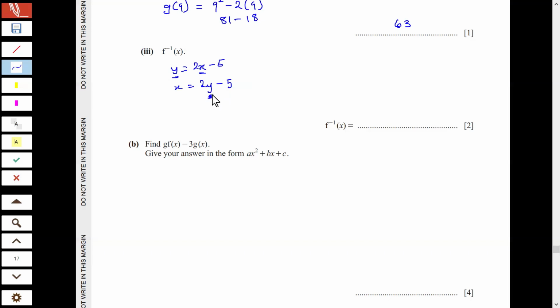I will add 5 to both sides, so the minus 5 is gone. We have x plus 5 equal to 2y. Then to make y the subject, I'll divide both sides by 2, and we can cancel this out. And then f inverse of x will be equal to x plus 5 over 2.